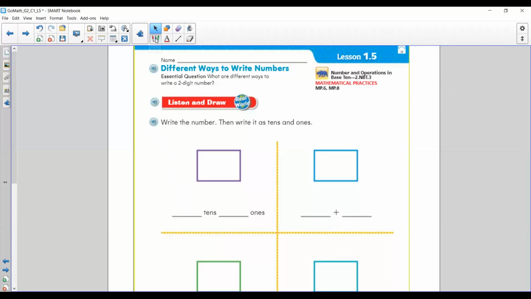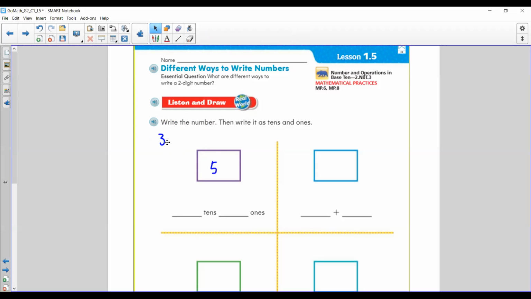Okay, so let's grab a pen, and you should have your pencil ready to write on your paper. So I'm going to write 53 over here because that's how many books she found, and I know that that's the number that I'm working with. That's the 2-digit number. Our instructions say write the number. Oh, so maybe we should put the number in here. Let me see if I can grab that number.